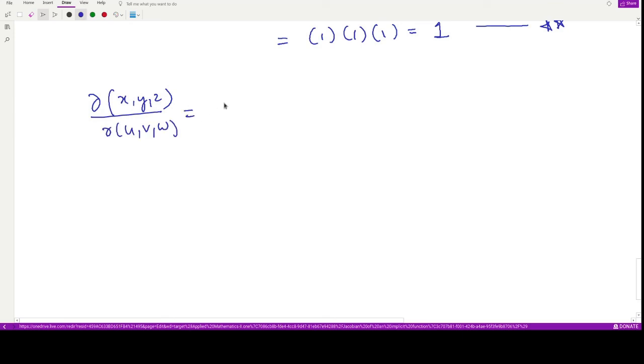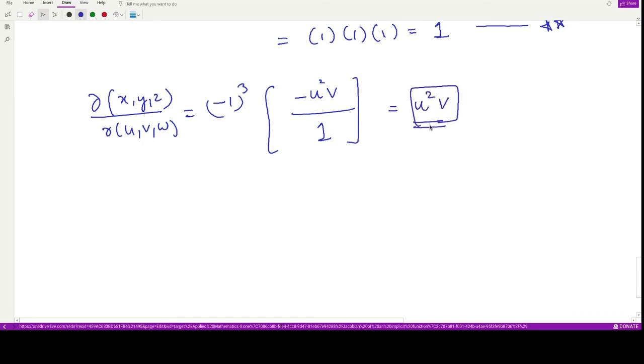That would be equal to minus 1 raised to power 3, times the value of triple star, that is minus u square v, divided by the value of double star, that is equal to 1. So we have the value as u square v, and this is what we are required to prove.